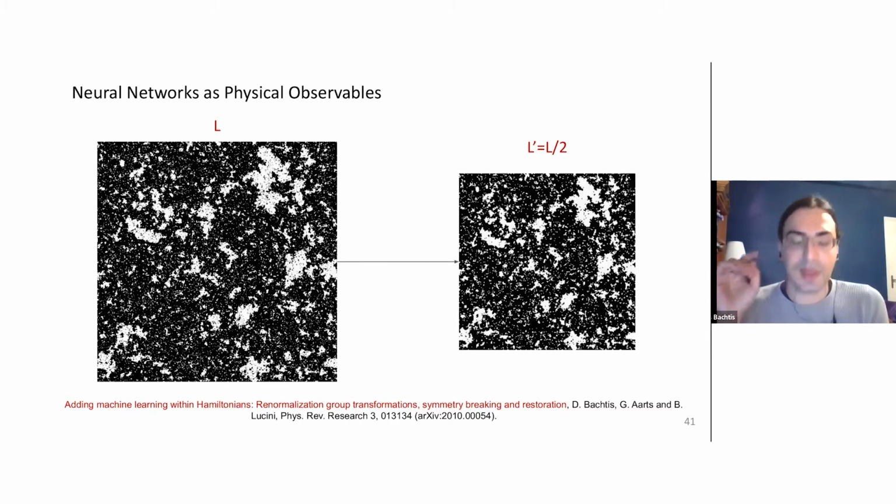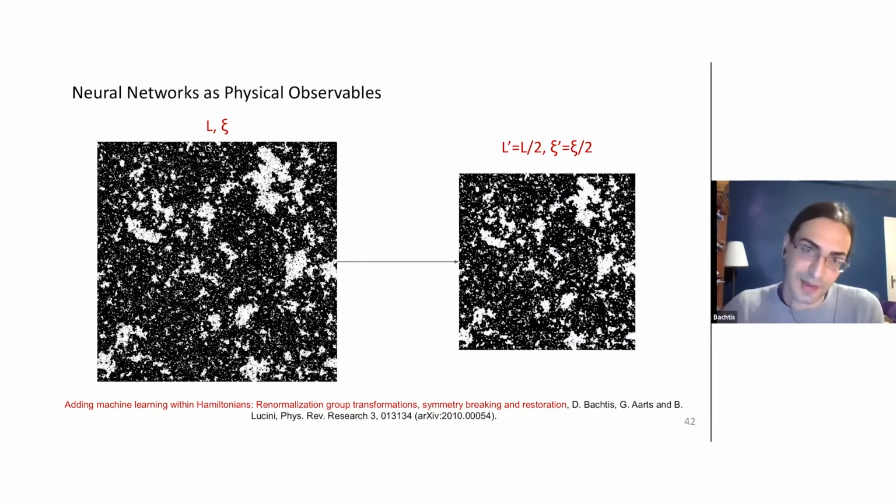So as I mentioned, the application of a standard renormalization group transformation reduces the lattice size by a factor of 2 in each dimension. But as I mentioned before, the original system has a certain correlation length psi. So by reducing the lattice size by a factor of 2 in each dimension, we are also reducing the correlation length by the same factor.